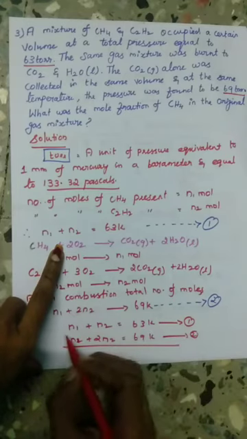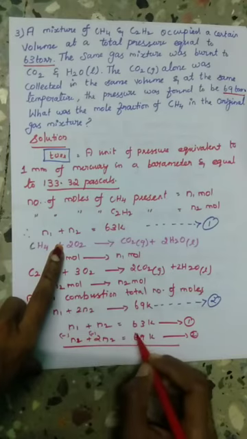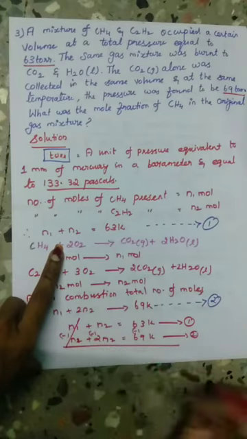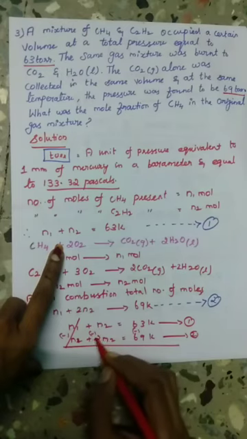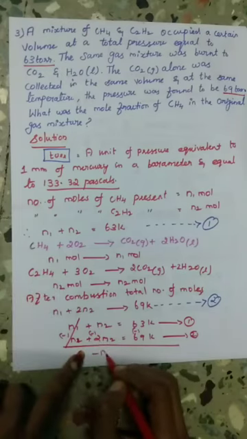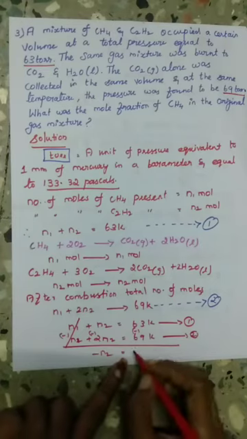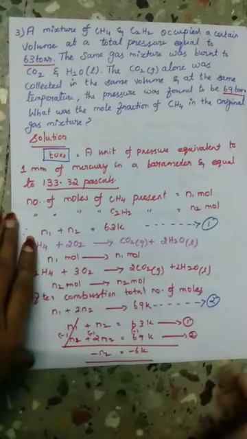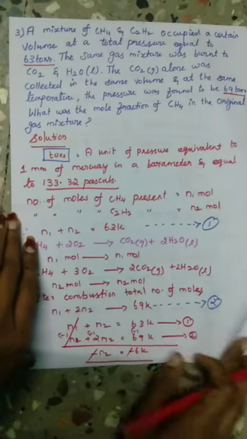So we have to change the sign, minus here and minus here. So N1 minus N1 cancels. So plus N2 and minus 2N2, so minus N2 is equal to minus 6K. Minus and minus will be cancelled. So N2 value is 6K.